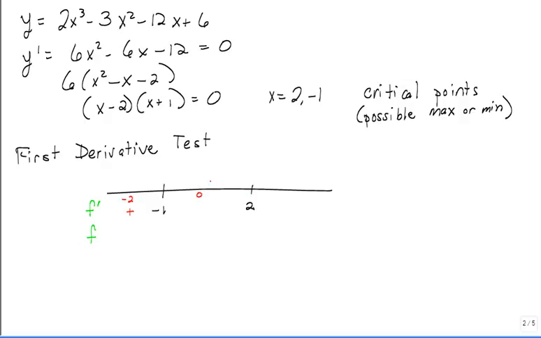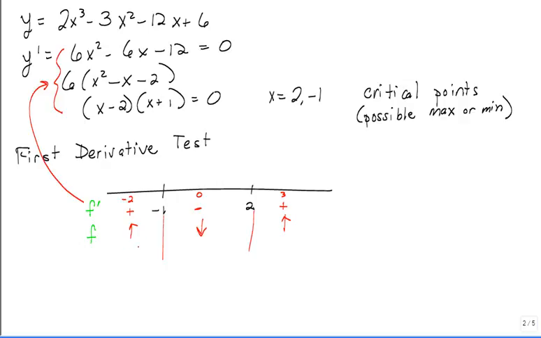I always try to pick 0 because that's easy. It's going to be negative. If we pick 3, it'll give us a positive result. So what I'm doing is taking these, they're called test numbers, and substituting them back into the first derivative. So that tells us that f is increasing, then it decreases, then it increases.